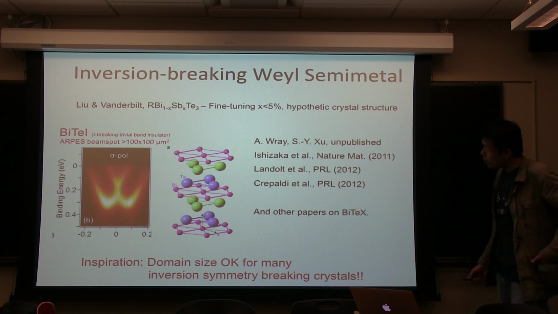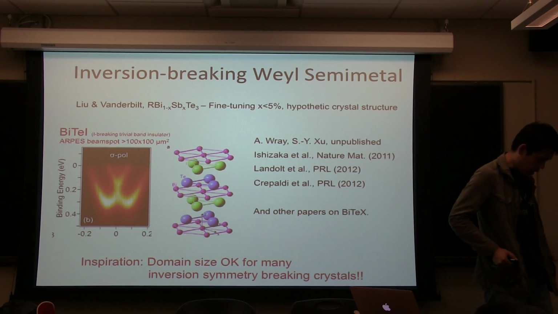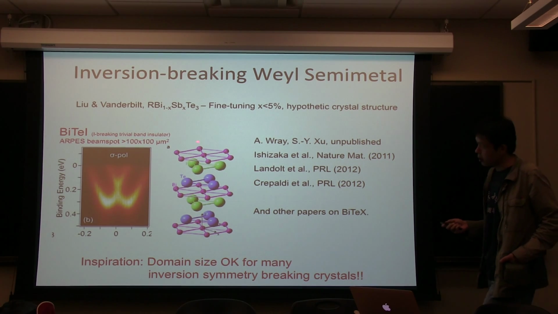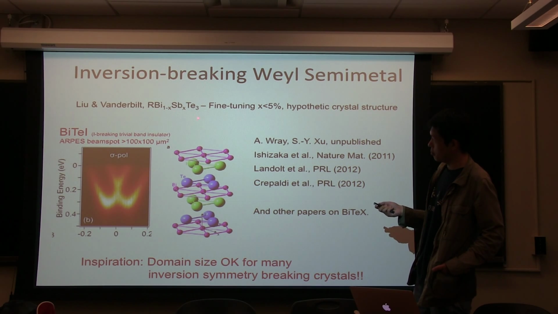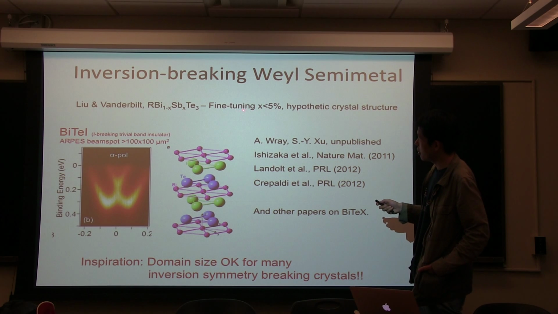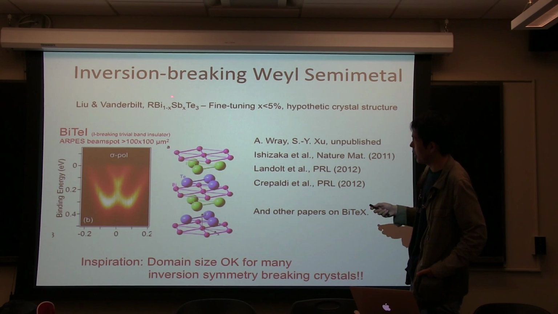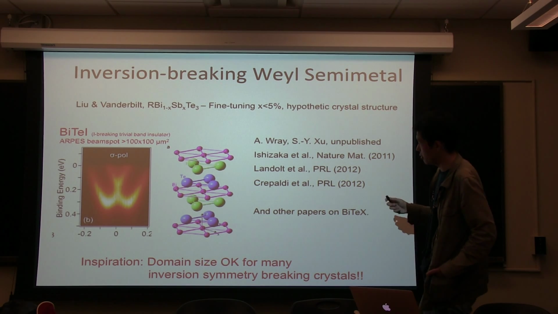Then we were wondering, what about breaking inversion symmetry? I just want to point out that before our work, there was a proposal by Vanderbilt's group. They proposed this in a rare earth bismuth antimony tellurium compound, and if you calculate the band structure, there's a very fine region, below 5%, where there will be a Weyl semimetal phase if they use a crystal structure that breaks inversion symmetry.